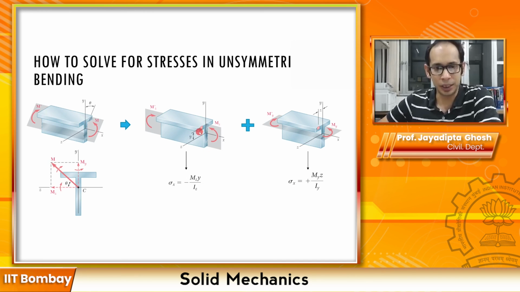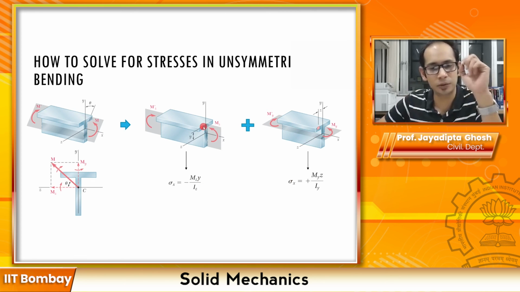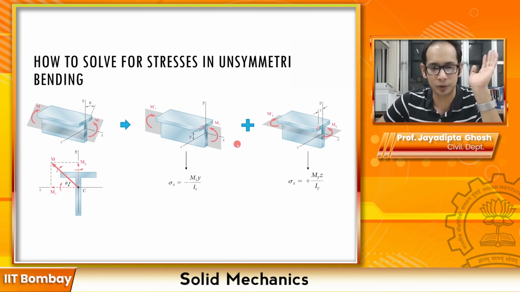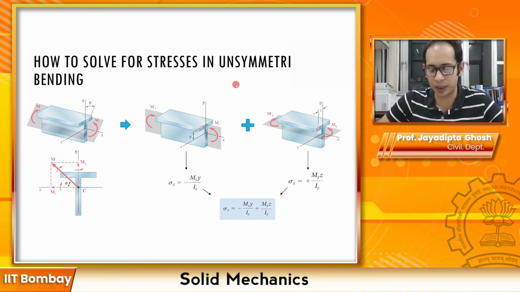So essentially the total stress at this particular point must be a summation of this stress and this stress, because I have resolved this moment into this and this, and for the same point. This again boils down to the principle of superposition. For the individual ones I'm computing, and then I'm finally going to add it up. So if I add it up over here, this is what I get. So this is important.